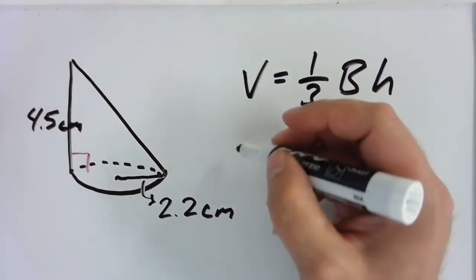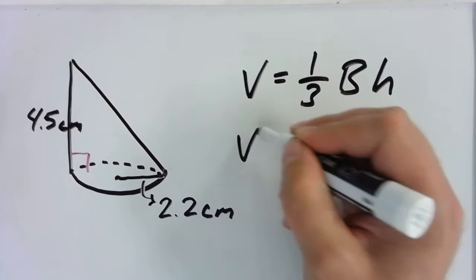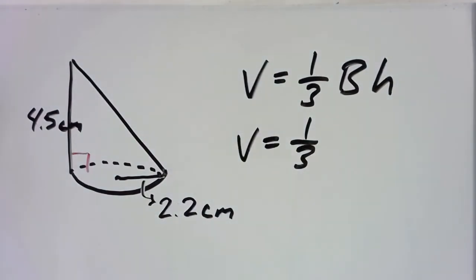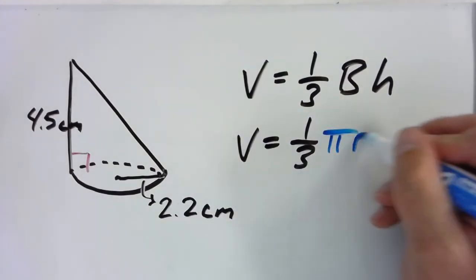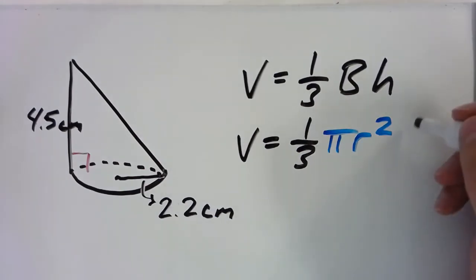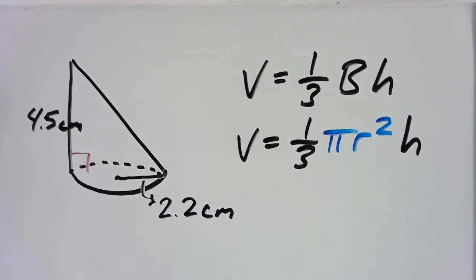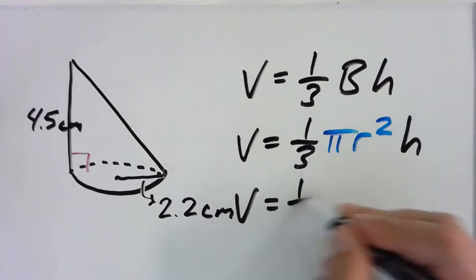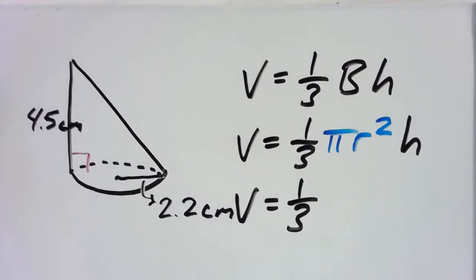So to just show the same techniques that we did in section 4 and section 5, I'm going to replace that capital B with the actual shape of the base that we have. It happens to be a circle, so capital B is also pi r squared. H is still the height, depth, altitude of this thing. So I'm just plugging in values at this point. So capital V, volume here, is going to be 1/3 times pi r squared.